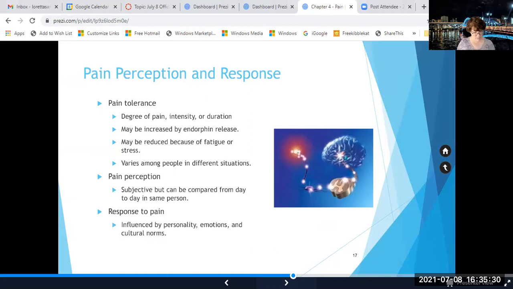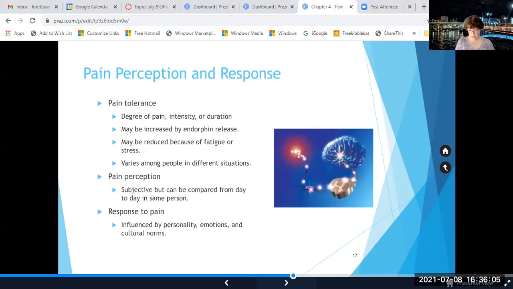So some cultures or some groups of people in general approach pain with stoic acceptance. Some groups respond to pain with sort of loud crying and wailing, that sort of thing. So it doesn't mean that the stoic group has higher pain tolerance than the other group. It's just that some things are the culturally accepted norm.